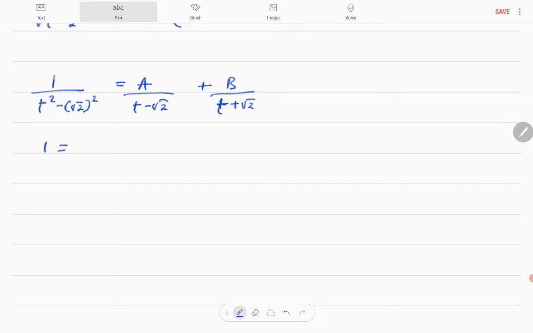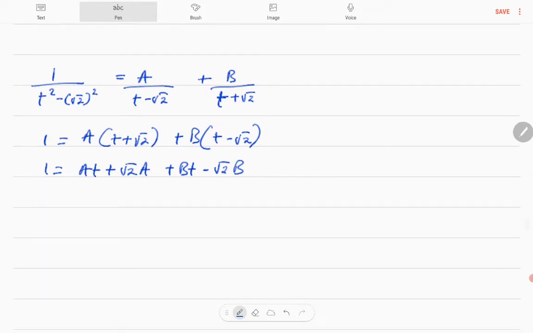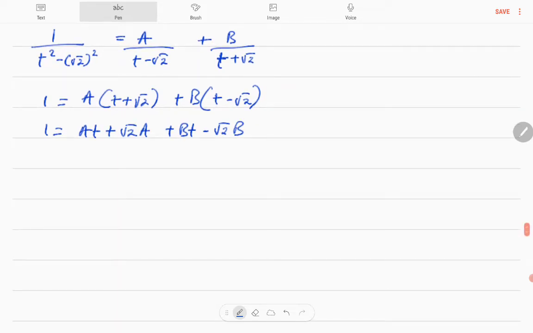have 1 is equals to A into t plus root 2 plus B into t minus root 2. When I expand, I'll have At plus root 2A plus Bt minus root 2B. And of course, from here I have to compare coefficients.